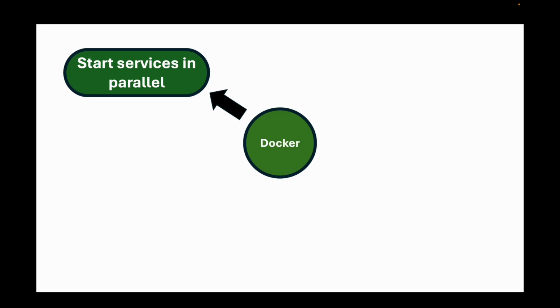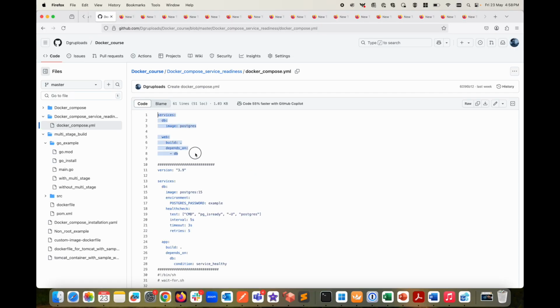For example, I have a database and a web application, and I'm using depends_on db, meaning this particular service depends on my database. Even with depends_on, Docker Compose does not wait for the DB to be ready.